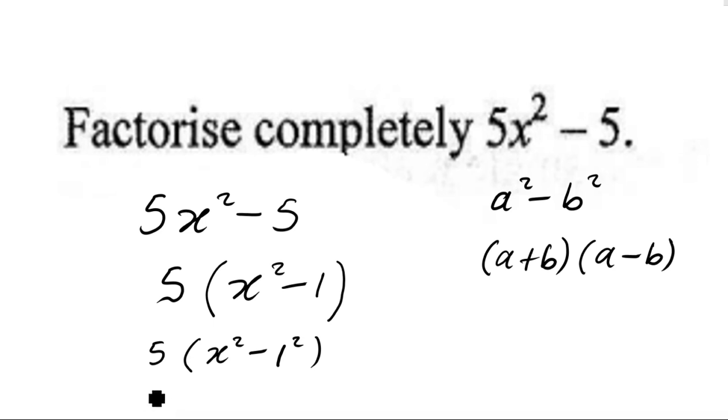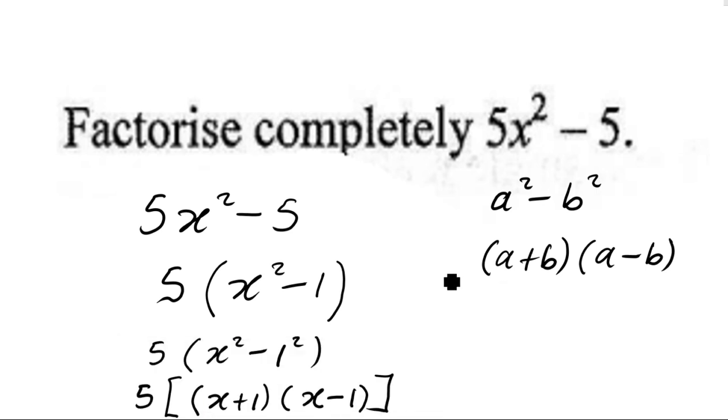But before I do that, I have to make sure that since this 5 is just a number, it will be outside compound brackets. So I'll say x plus 1 and x minus 1, and then I will close using a compound bracket.